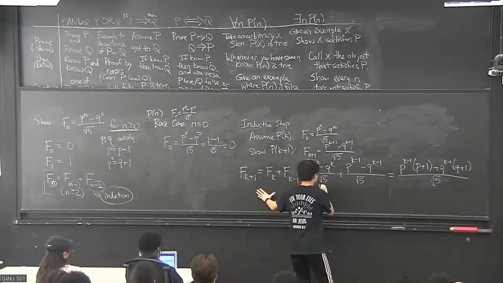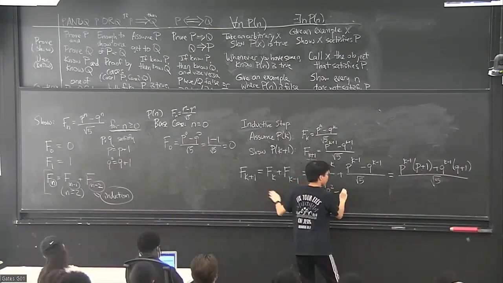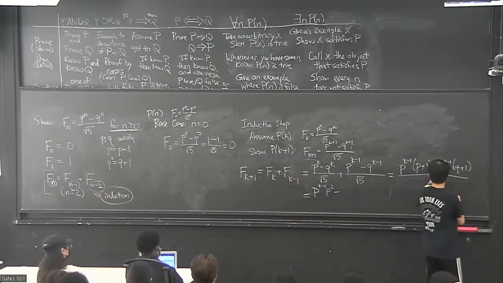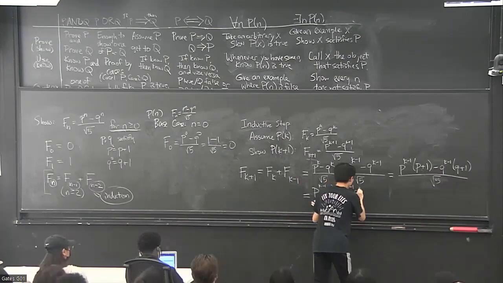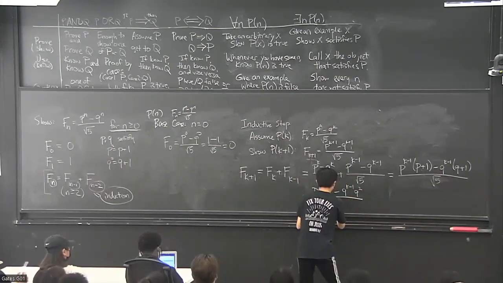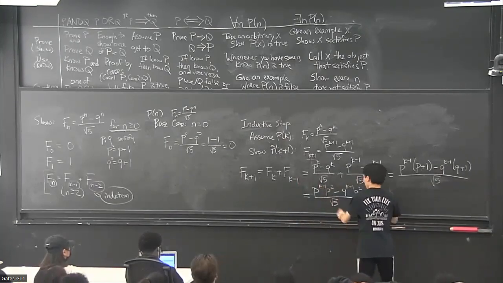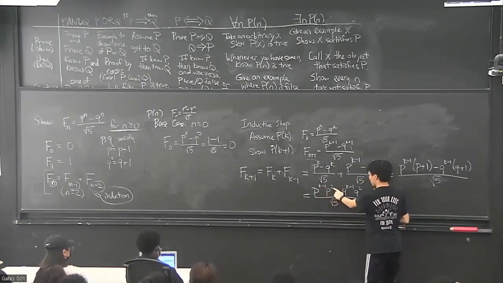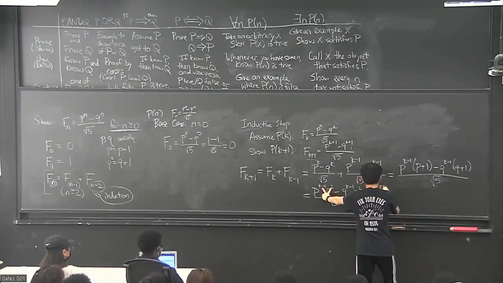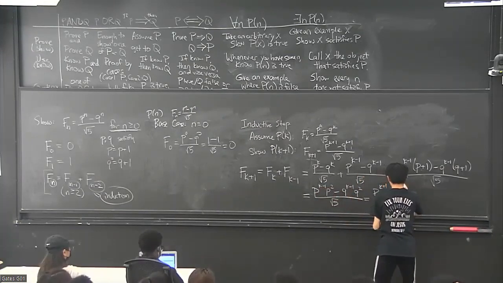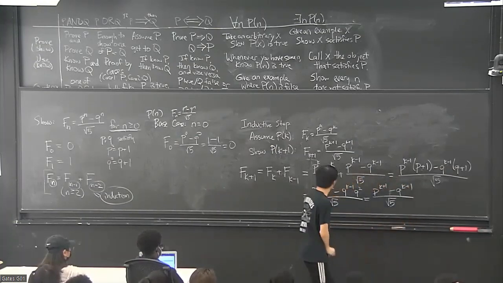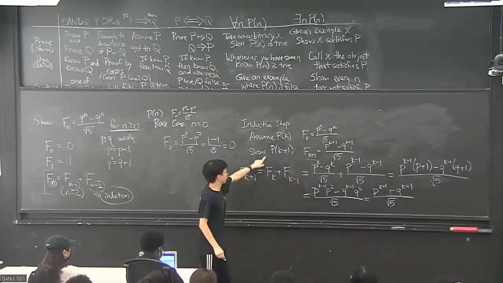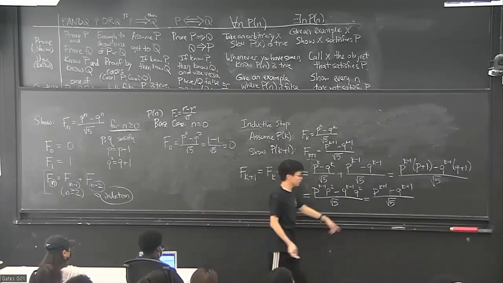So p to the k minus 1 times p squared, minus q to the k minus 1 times q squared. This gives you p to the k minus 1 times p squared. Add the exponents, you get this. Add the exponents, you get this. And this gives you what you want to show. You got f of k plus 1 equals this.